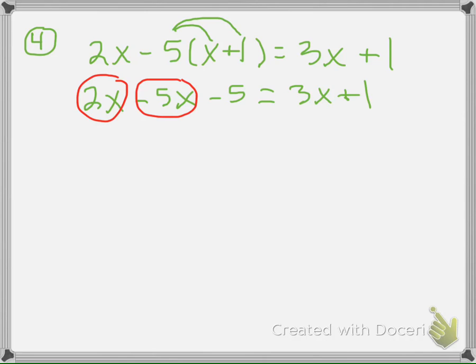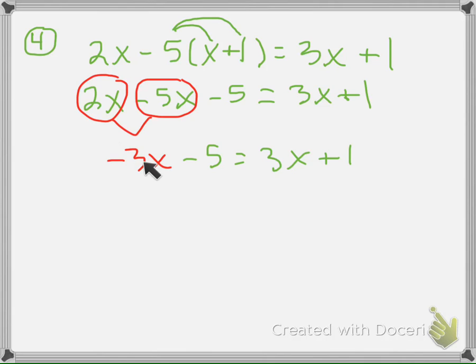So positive 2 minus 5 gives me negative 3x. So I've combined like terms, and now I need to bring down the rest of my problem. Okay, so now I need to get x's on one side.